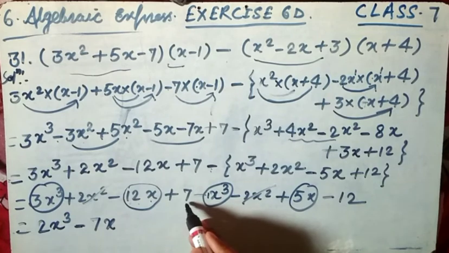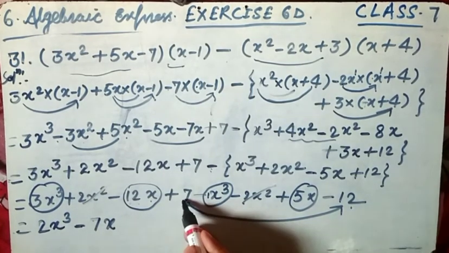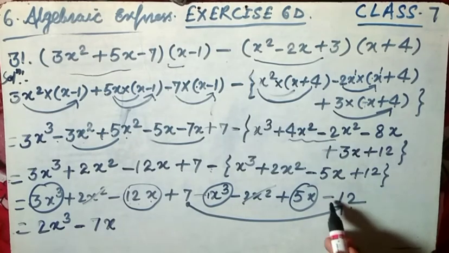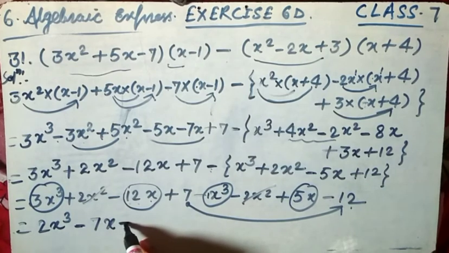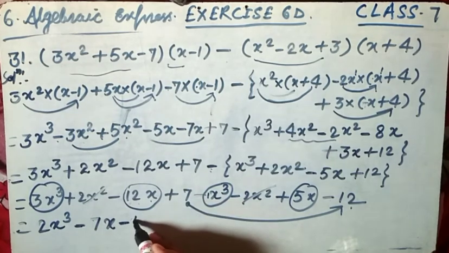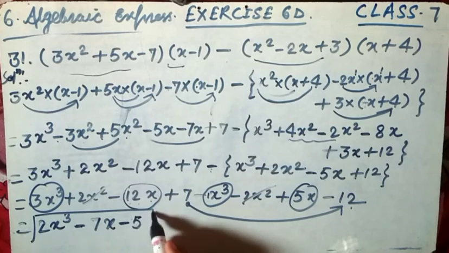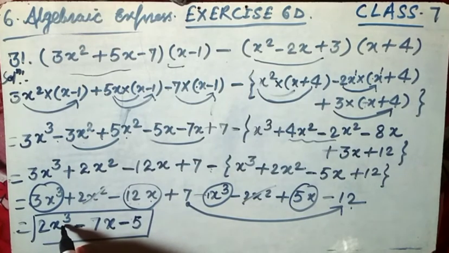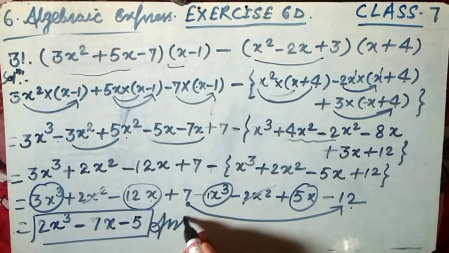Now remaining parts, have a look, this is minus 12 or 7, the greater value is 12, of negative sign. Okay, the greater value having negative sign, write the negative sign and subtract them, 12 minus 7 is 5, that means finally we will write the answer 2x cube minus 7x minus 5. This is your final answer.